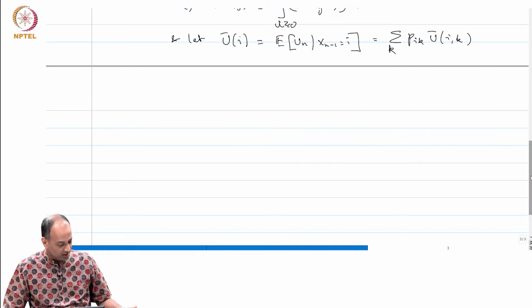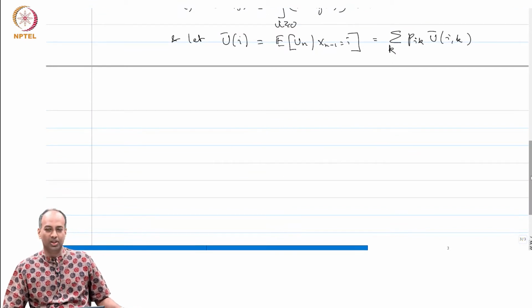Now, everything that we really need to know about these semi-Markov processes follows similarly to the CTMC case in terms of time averages.